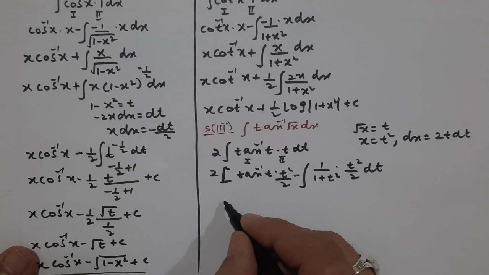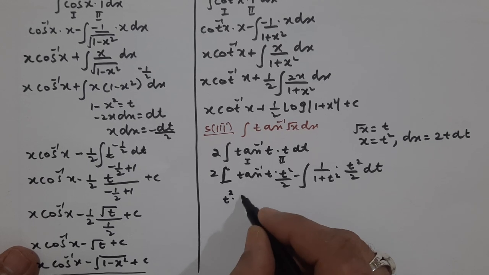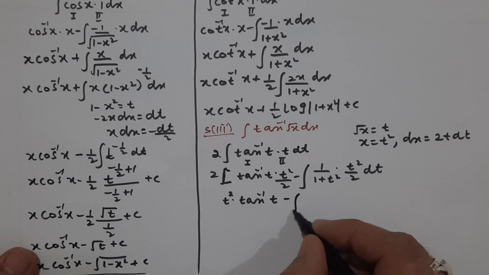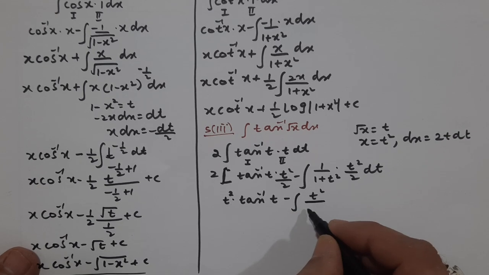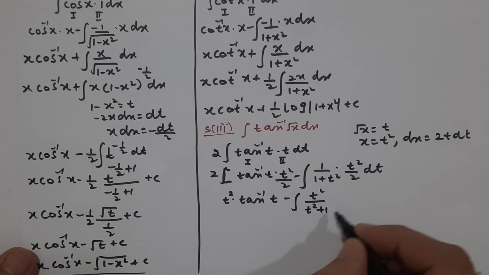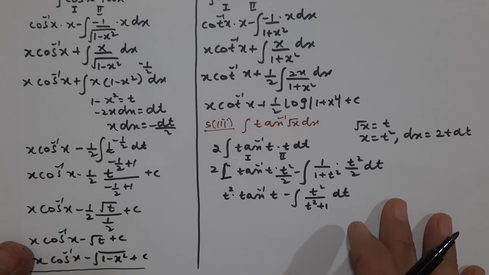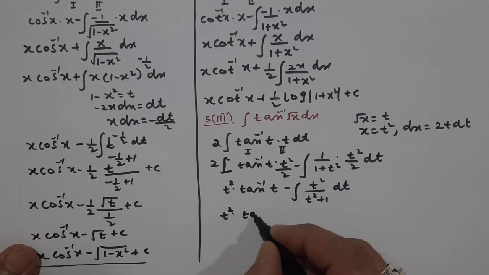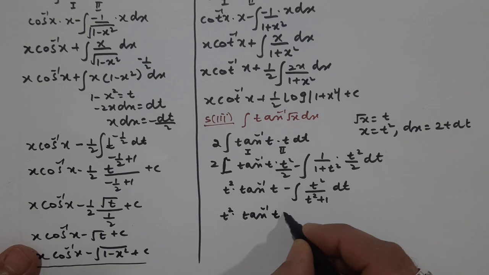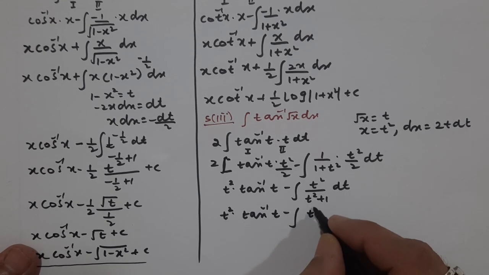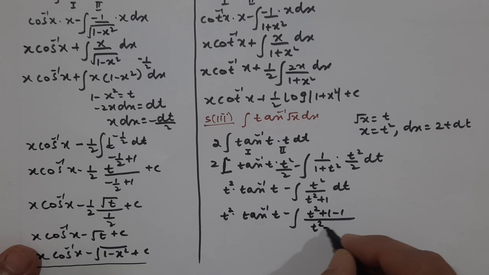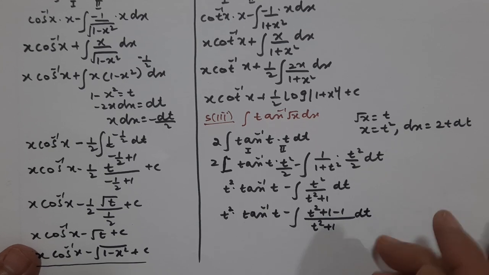So on multiplying, what we get? t square into tangent inverse t, minus integral of t square upon t square plus 1 dt, like this. Now over here adding 1 and subtracting 1, like this.